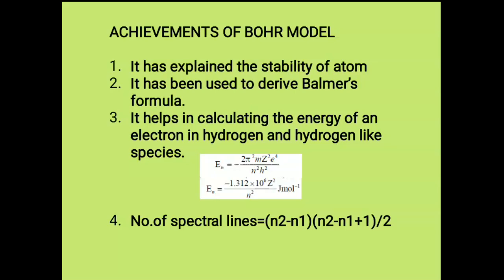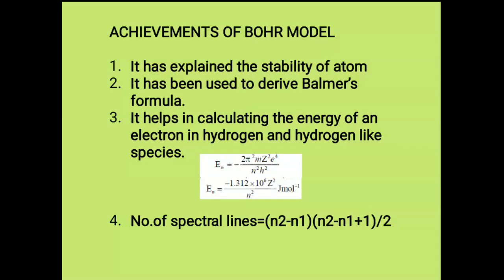Number 2, it has been used to derive Bohr's formula, that is delta E is equal to 2.18 into 10 raised to power minus 18 joules (1 upon 2 square minus 1 upon Nf square), since for Bohr's formula Ni is fixed, that is 2.